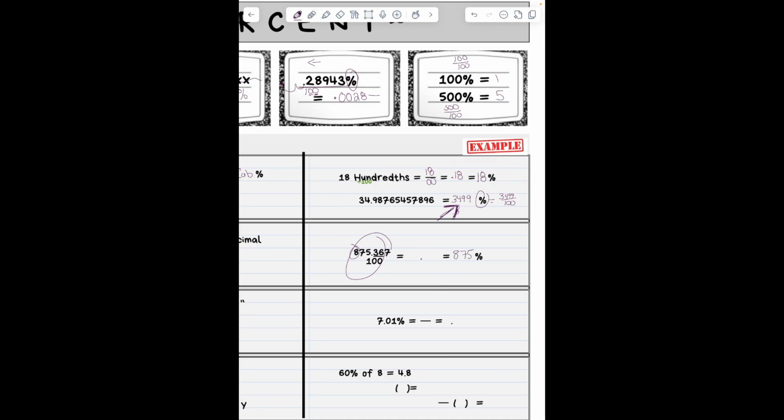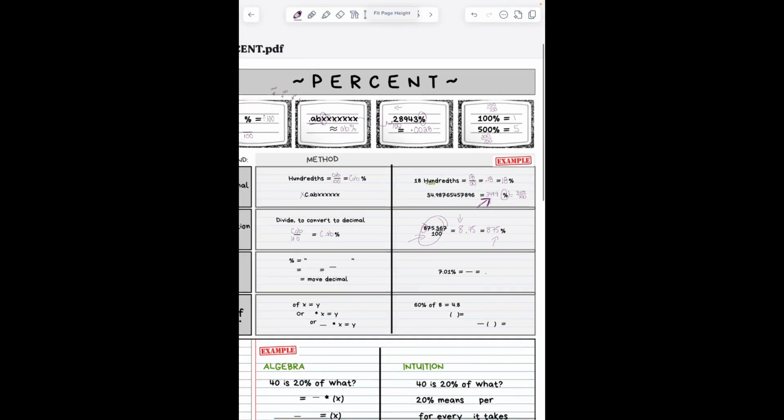So I have 8 wholes, and then I have the 75 left over. If I'm taking 875 with some change, 800 and something divided by 100 is going to be 8. So again, this one here, I didn't have the divided by 100. I was converting, so you're converting into something with a 100 at the bottom. If it has percent, the 100 is already at the bottom. You're not converting to a percent. You're given a percent. Really keep that straight.